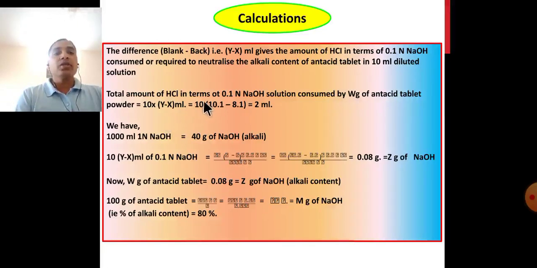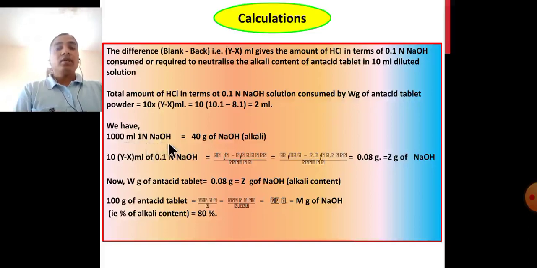Total amount of HCl in terms of 0.1 normal NaOH solution consumed by W gram of antacid tablet powder is equal to 10 into (Y minus X) ml, which is 10 into (10.1 minus 8.1), which is 20 ml.